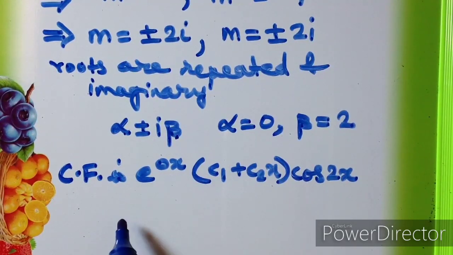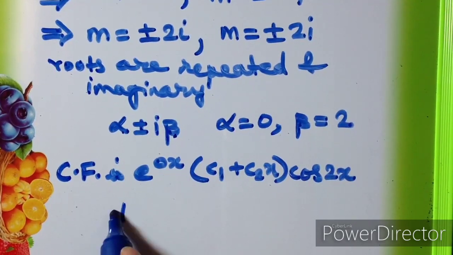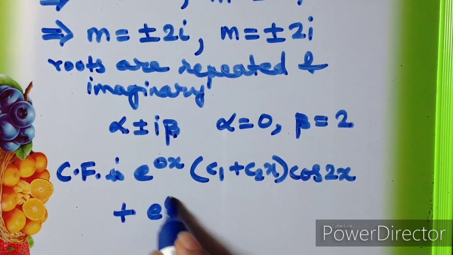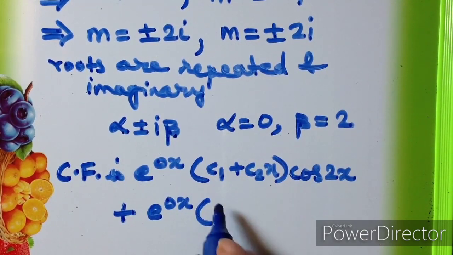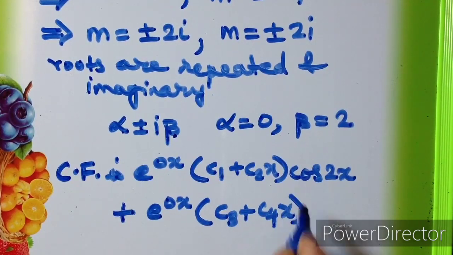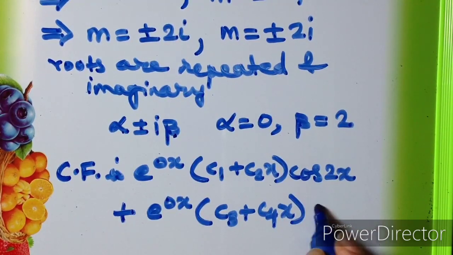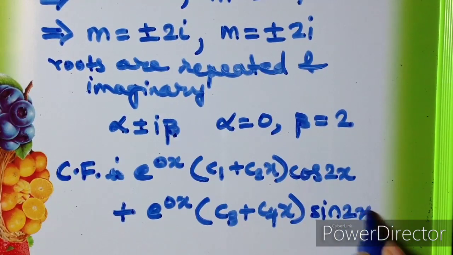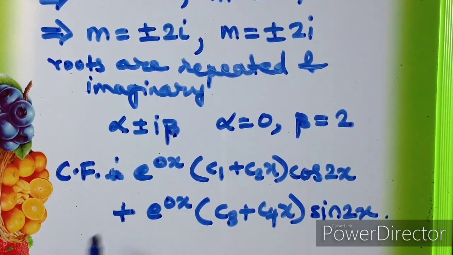plus again e raised to 0x into bracket c3 plus c4x into sine 2x. So this is going to be equal to the final answer.